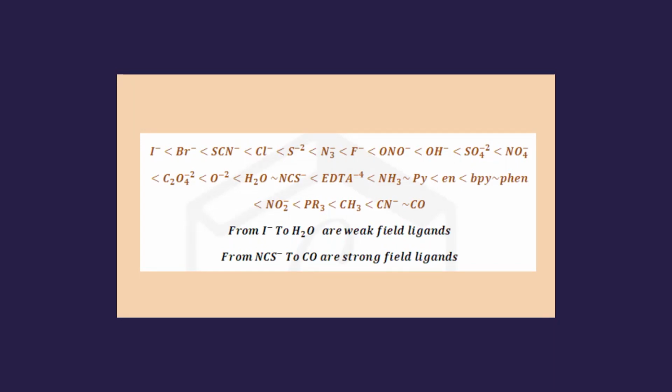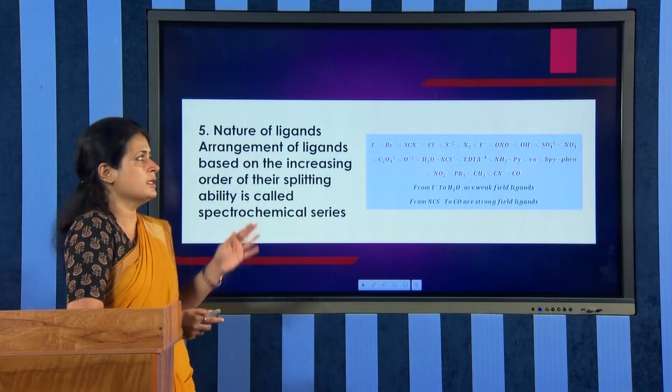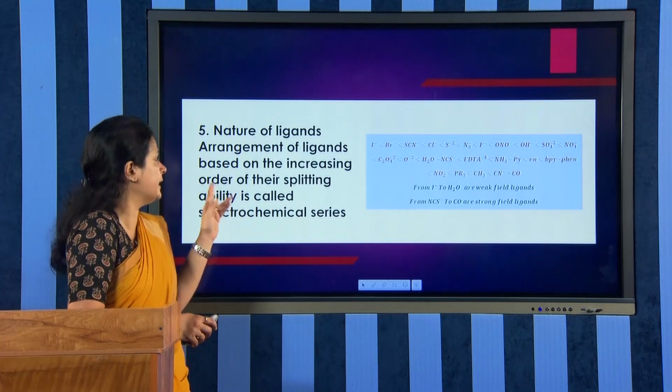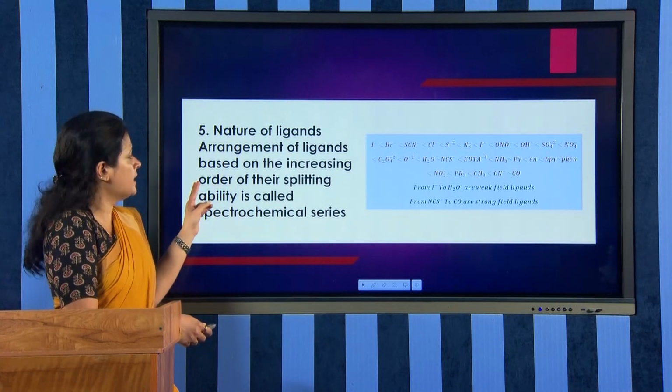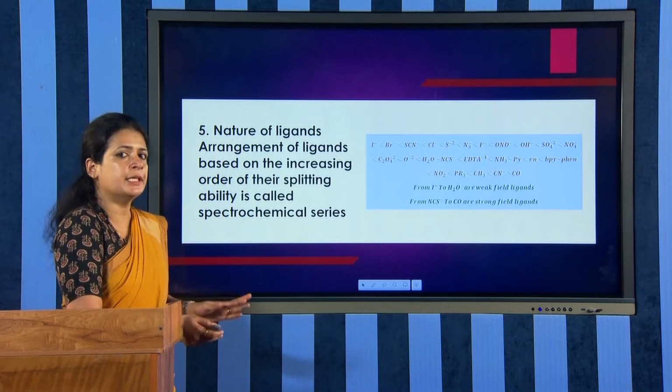Now, another factor is the nature of ligands. We have studied different types of ligands, that is, weak field ligands, strong field ligands, etc., which were discussed in the earlier classes. Since there are different types of ligands, there is an arrangement of the ligands based on the increasing order of their crystal field splitting ability.